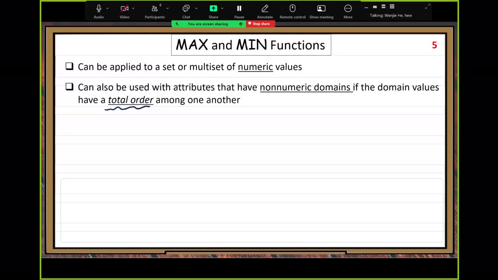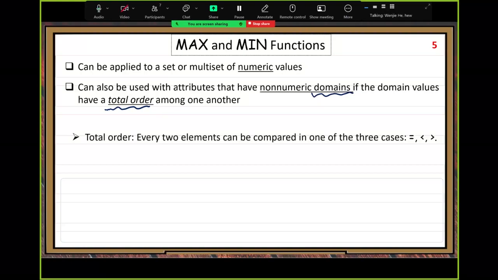You need to have a total order so you can always compare any two values, larger or smaller, for that non-numeric domain. For example, string values, date values, and probably other values.